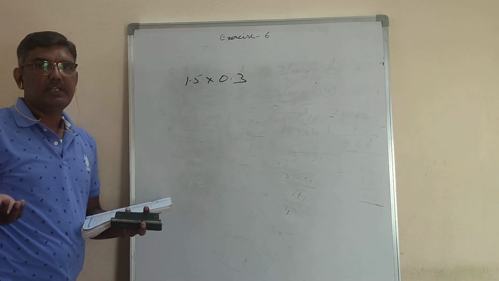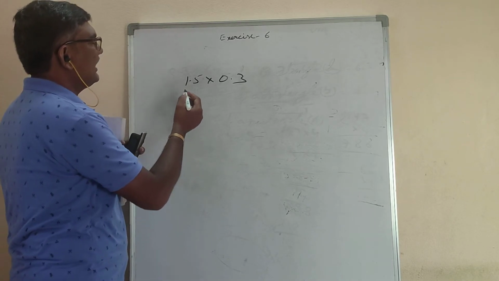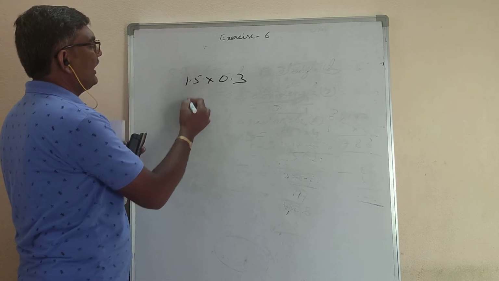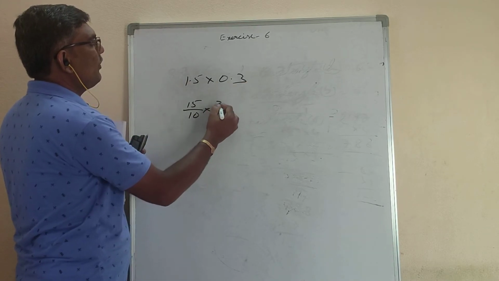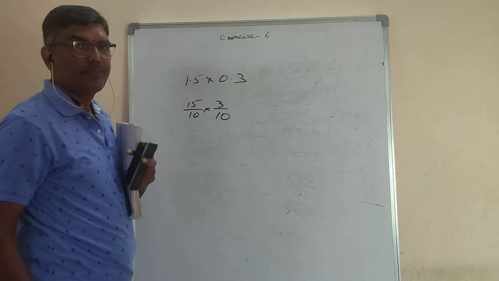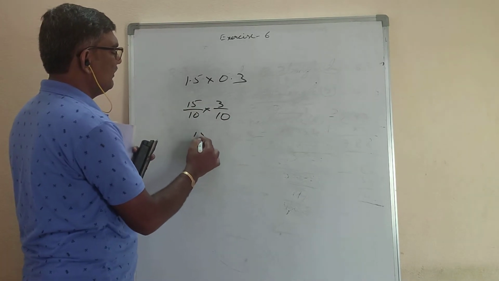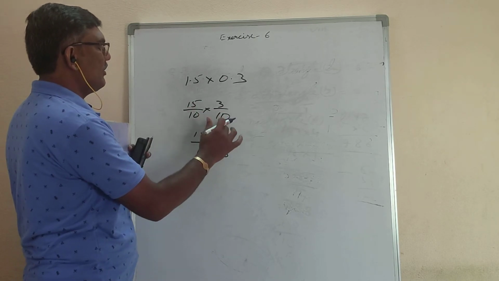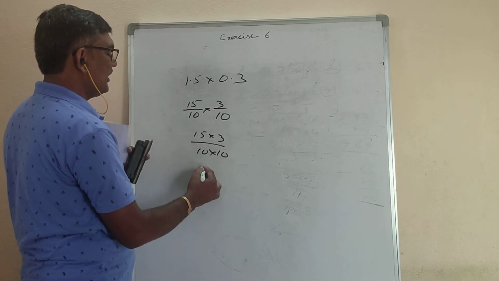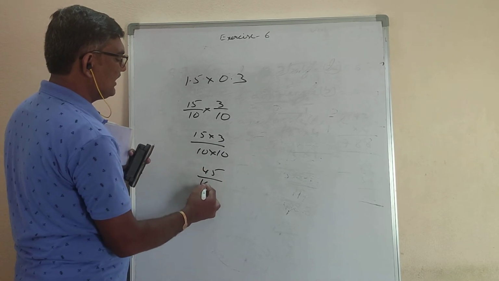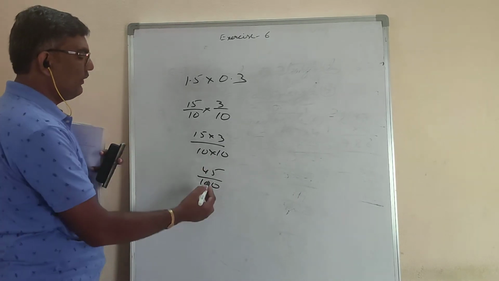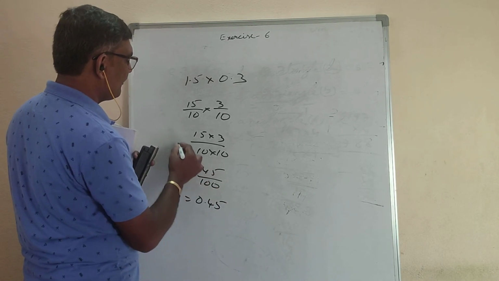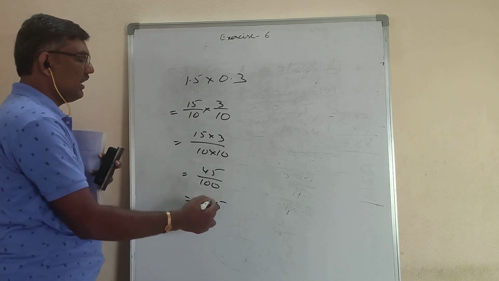First convert the decimal numbers into fractional numbers. 1.5 can be written as 15 by 10, 0.3 can be written as 3 by 10. Now multiply: 15 into 3, 10 into 10. Numerator into numerator, denominator into denominator. 15 3s are 45, 10 10s are 100. So before 2 digits I have to keep a point: 0.45. This is the answer.